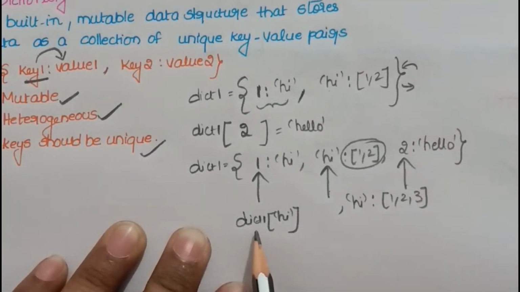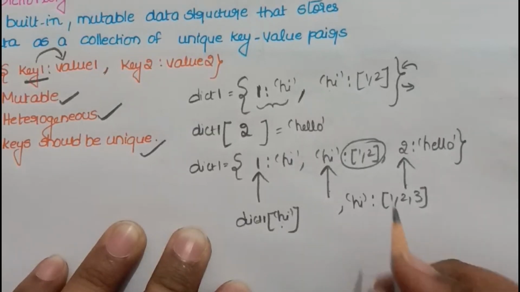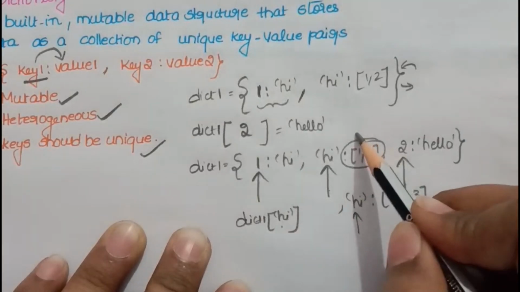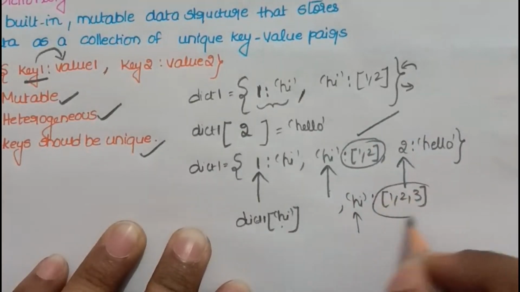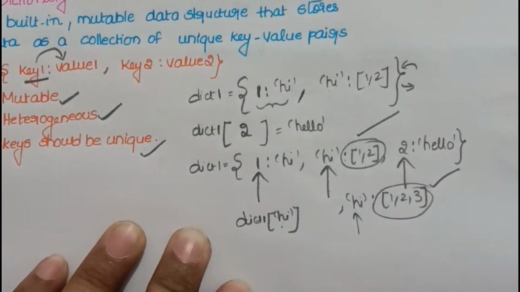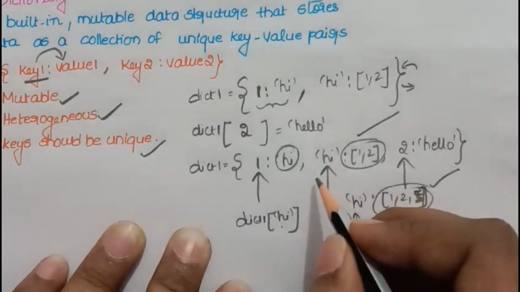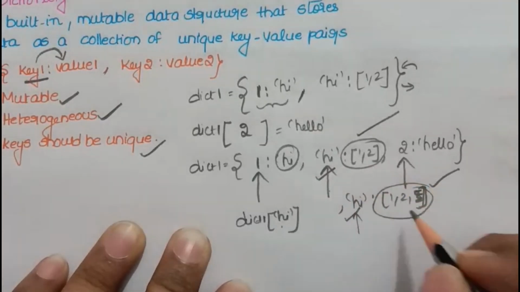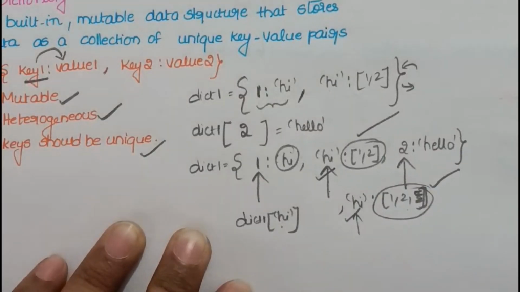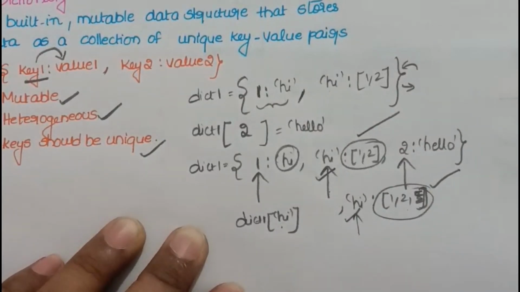Now when you try to access the value whose key is hi, the interpreter will get confused. Which value should I return? Should I return 1, 2 or 1, 2, 3? To avoid this confusion, every key should be unique and values can be the same. You can declare 1, 2 itself, but keys should be unique, values can be the same. In this way, dictionary works in Python.